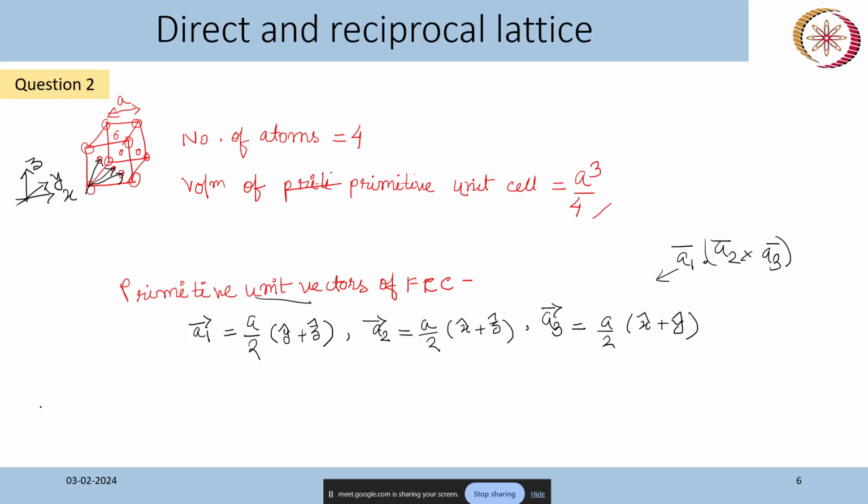So first let me calculate A2 cross A3 so that there is no calculation mistake.